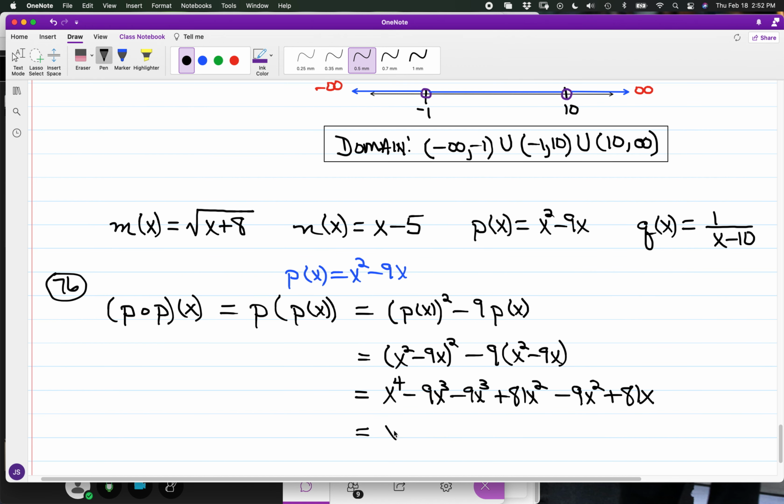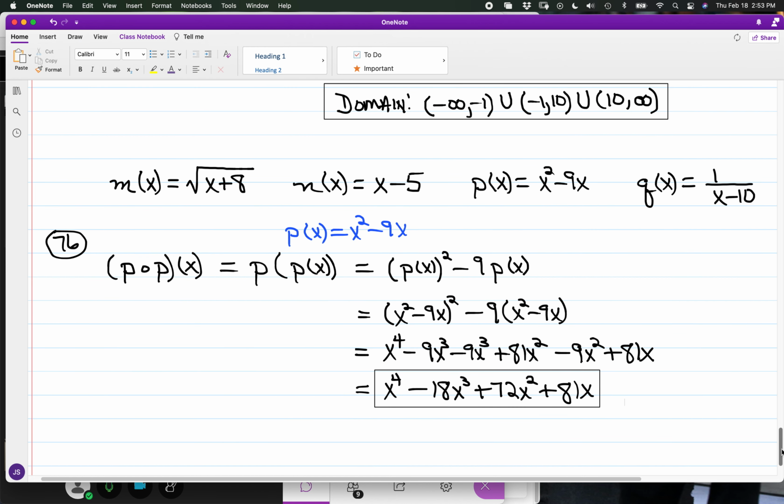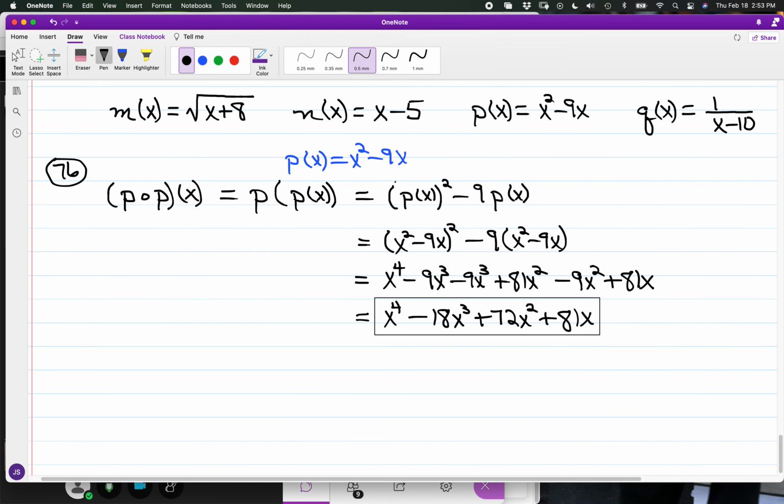Putting it all together, you have X to the fourth, minus 18X cubed. Then we have 81 minus 9, so a plus 72X squared, and finally plus 81X. So that's going to be our final composition.